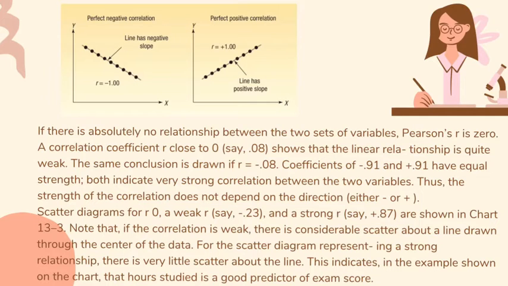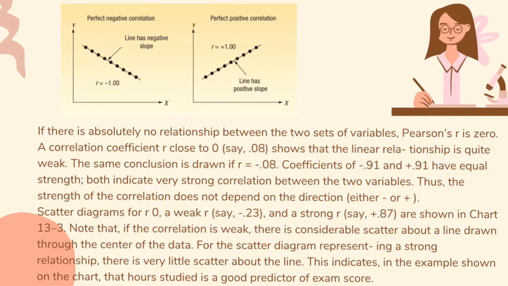A correlation coefficient R close to 0, or we can say 0.08, shows that the linear relationship is quite weak. The same conclusion is drawn if R equals negative 0.08.